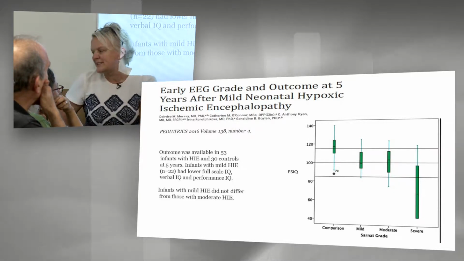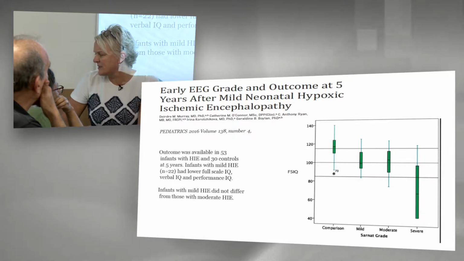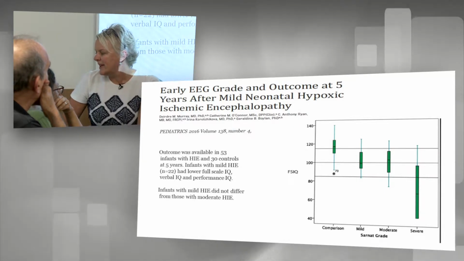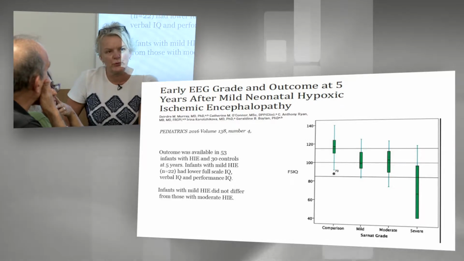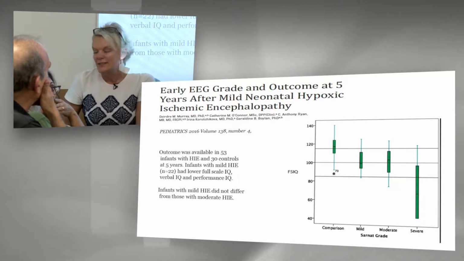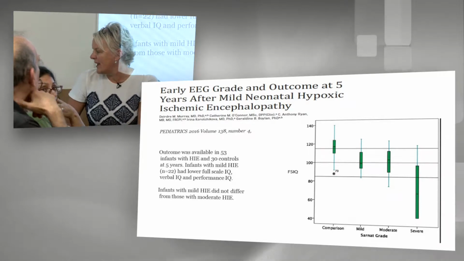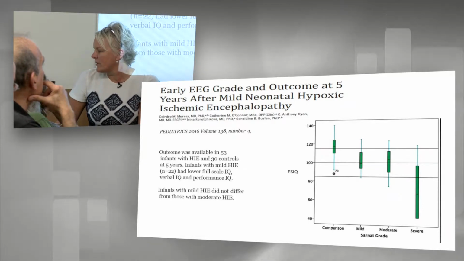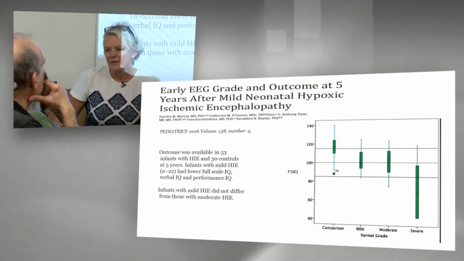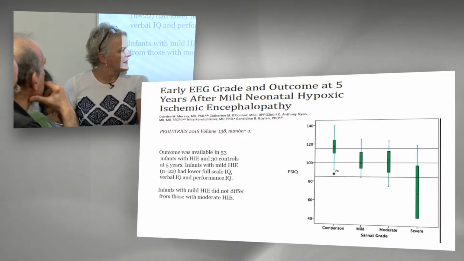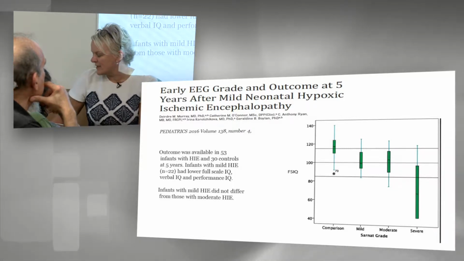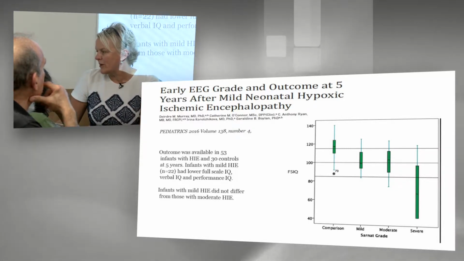And what they showed, as you can see here, is that infants with mild HIE indeed had lower full IQ scores, and you can see this is 22 points lower than those without HIE, and in fact the mild and the moderates were almost identical. They didn't differ from each other. But let's remember, these babies probably did get hypothermia, these babies did not. But 5 years ago, not many of them got hypothermia at all in Cork.